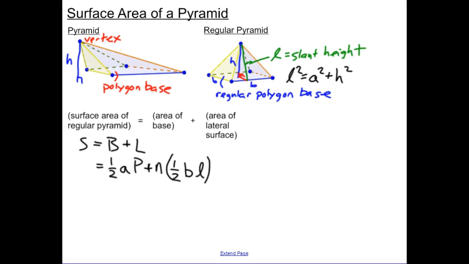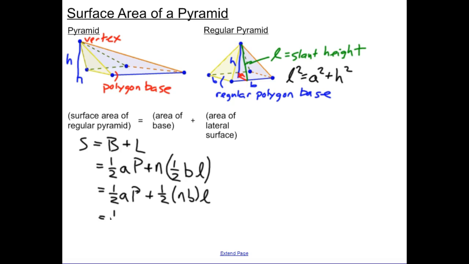In this case, n is equal to 4, but in the general case, it's the letter n. Now we can rewrite this as 1/2 A times P. We won't change the first term, but the second term, I'm going to use the commutative property to rearrange this. So I'll bring the 1/2 out in front, and then I'll have n times b, and then times the slant height.